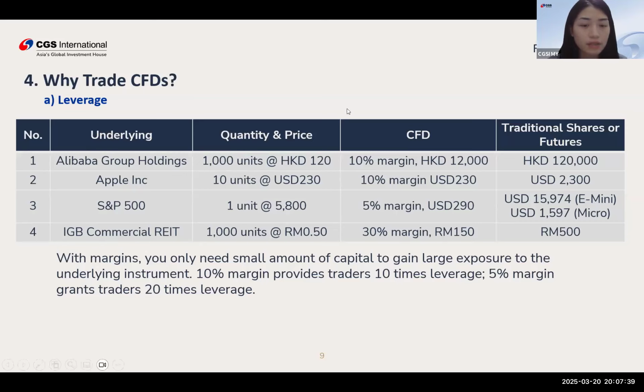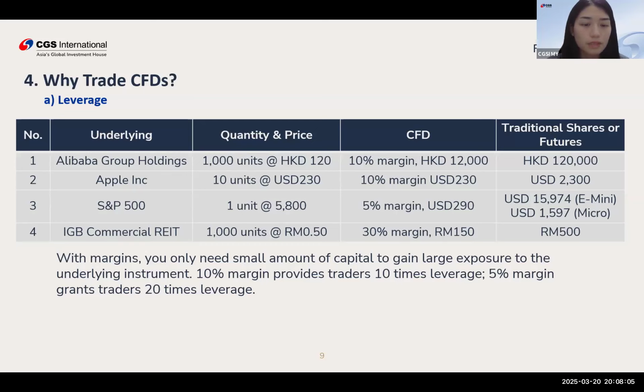So if you are an index trader, you also can see the difference, because you need around $1,006 to trade one lot of E-mini S&P 500 futures. Even if you are trading the smallest equivalent, which is the micro one, you still need around $1,600. So it is relatively capital intensive regardless of whether you have capital or not.